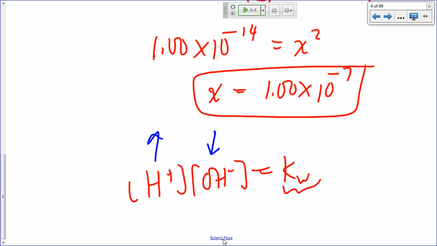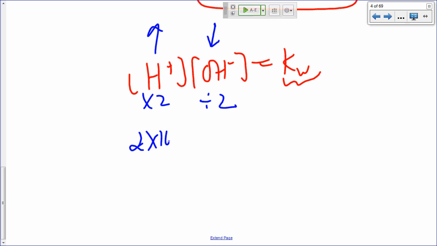It must go down. Like if I multiply this by 2, I have to divide this by 2 in order for the product to remain the same, right? So if this was 2 times 10 to the negative 7, then this is going to be 0.5 times 10 to the negative 7 in order for the answer to still be 10 to the negative 14, right? So if one goes up, the other goes down.